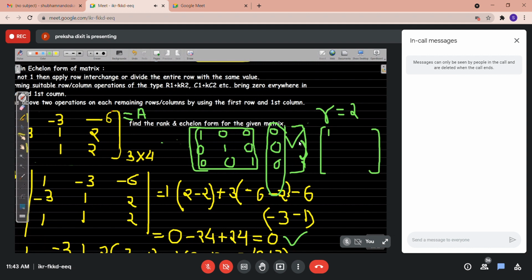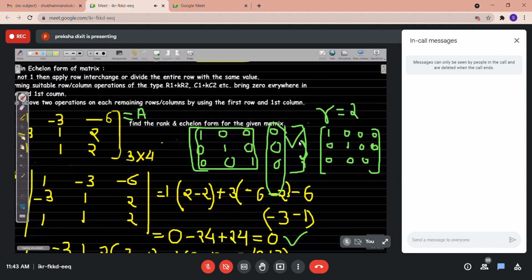So, because r is 2, the first two rows and two columns are going to be entered as an identity matrix, and then the rest of the entries will be entered as 0 in the matrix. That means they are going to be reduced to this form to get the echelon form of the matrix.